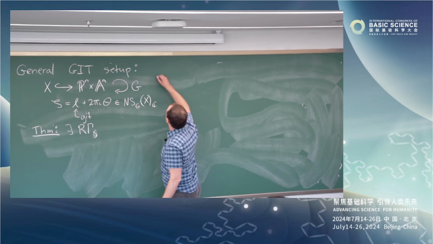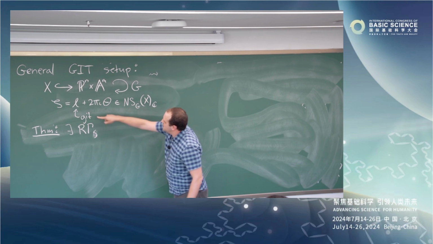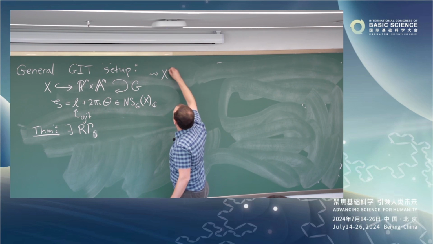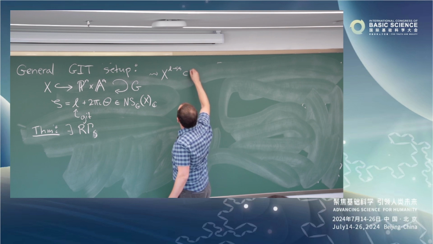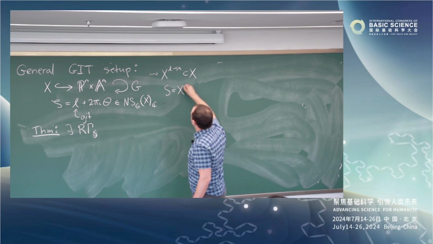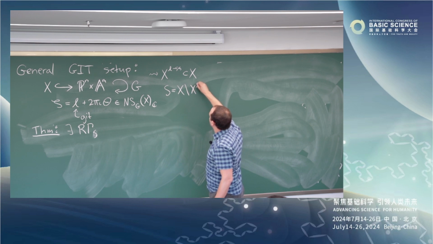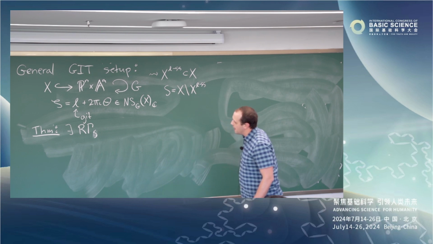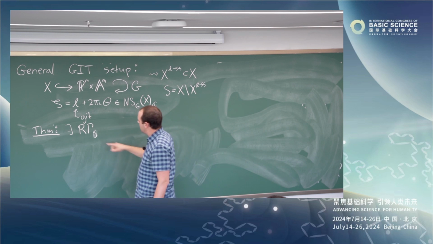In this situation, the GIT parameter defines a semi-stable locus, as I mentioned before, and I'll use the term S, just like before, for X minus the semi-stable locus. Just to emphasize that there's this L parameter.